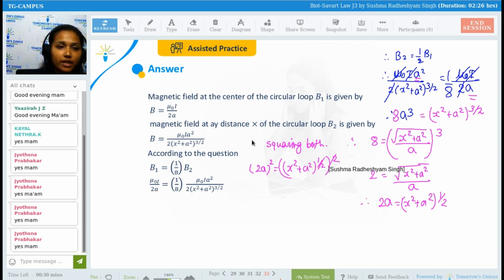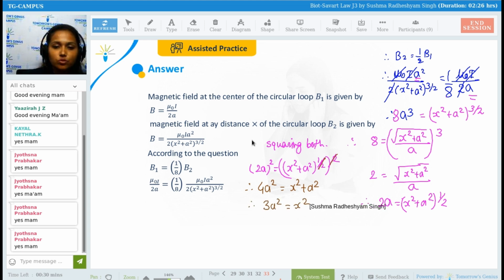So this 1 by 2 and the square get cancelled. We get 4a square is equal to x square plus a square. Put a square here, we get 3a square is equal to x square. So from here your x is equal to root 3 times a. Clear this?